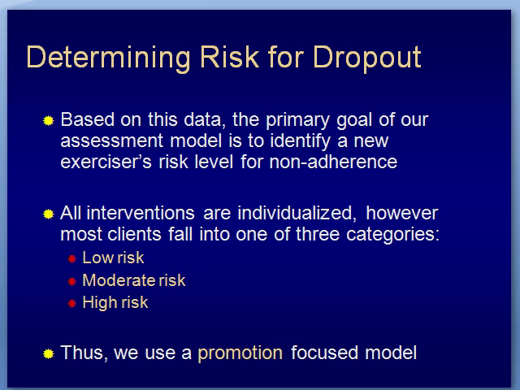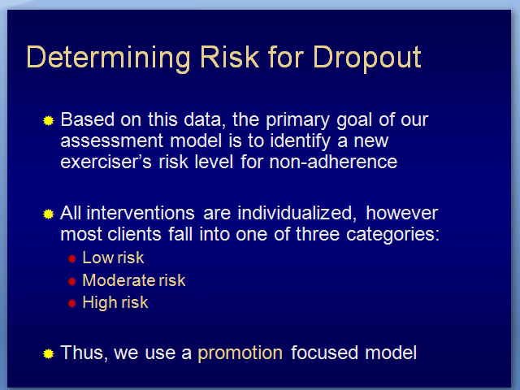So we use all that information to determine a person's risk to drop out. And we use 3 general categories. You could use 5 or whatever you want, but we use this person's low risk, this person's moderate risk, this person's high risk. So if they're low risk, then that would indicate we would not provide much follow-up information or intervention.